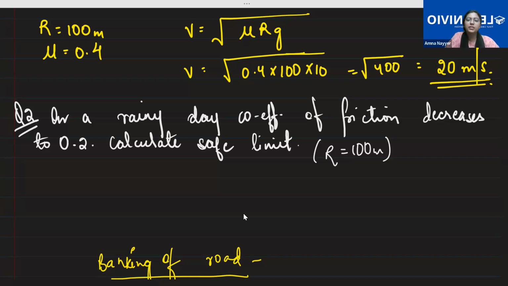Look at the above question. V is equal to under root mu r g. What are we discussing? Just tell me what was the topic that we were discussing? Mariam, you're there? Yes, miss. Which topic we were discussing?